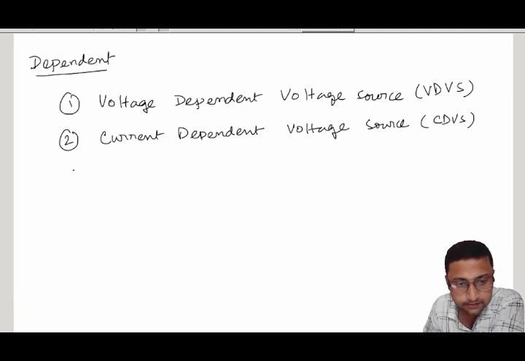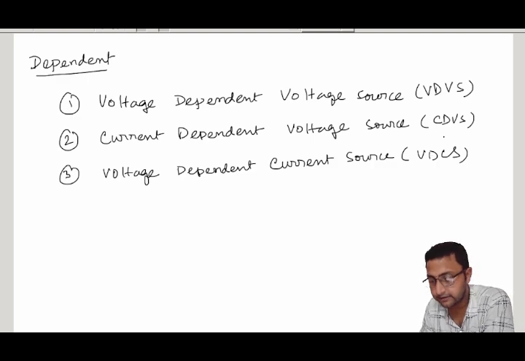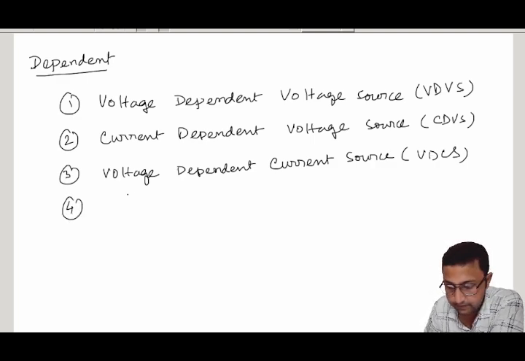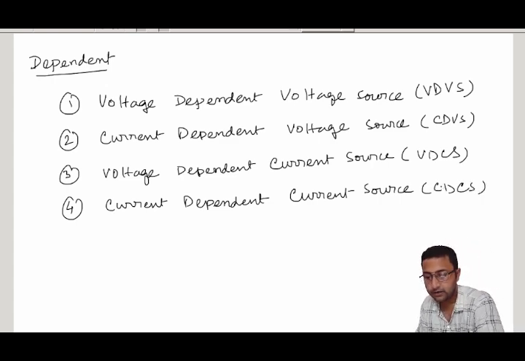The third one is the voltage dependent current source, that means VDCS, and the last one is the current dependent current source, it means CDCS. So these are the four major classifications of dependent sources.